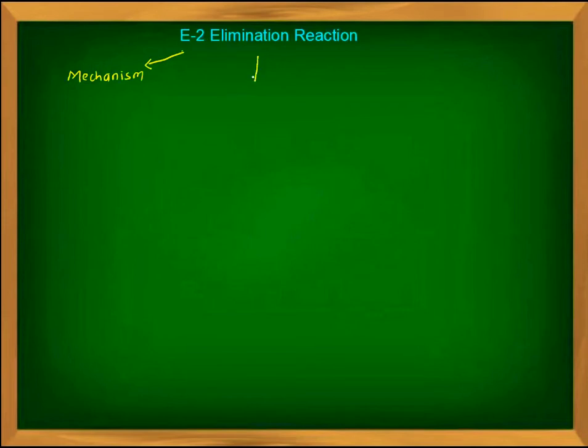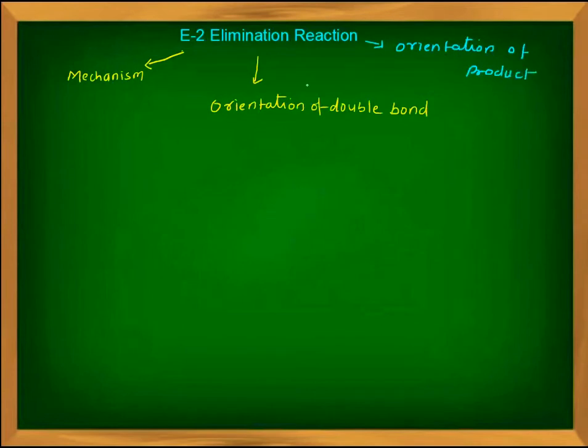The second part is how to decide the position of the double bond, that is, orientation of double bond. And the third part is orientation of product. These are the three parts.